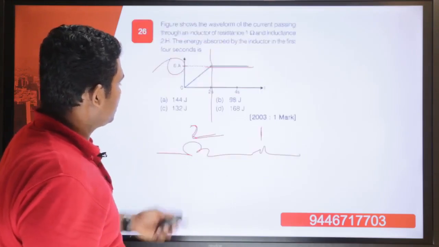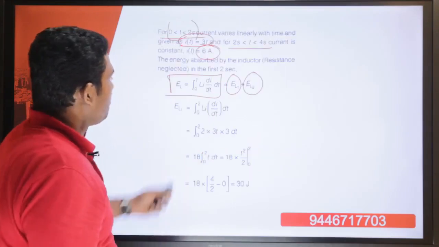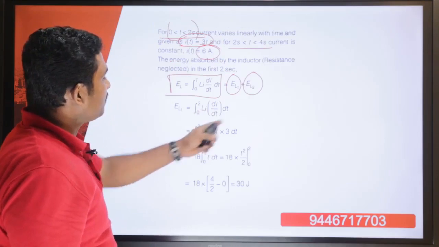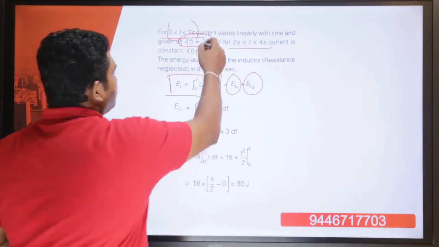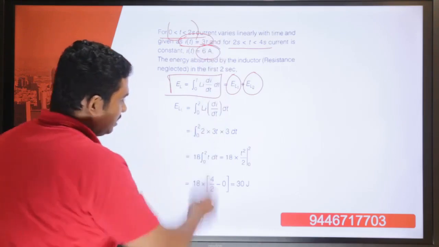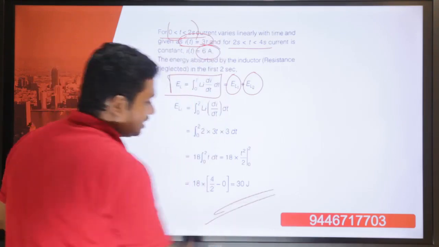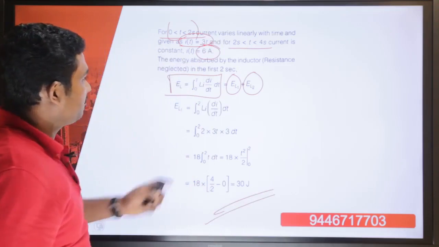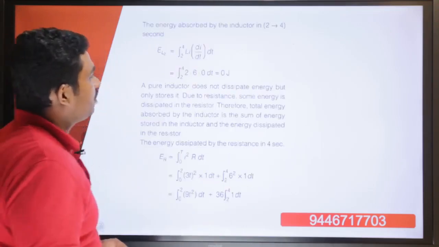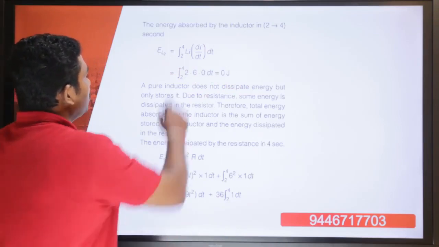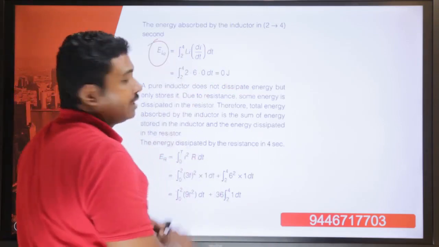What is the value of inductance? Inductance is 2, resistance is 1. So L into d by dt of I, where I of t is equal to 3t. Reducing this expression, you will get 30 joules, so EL1 becomes equal to 30. Now we find EL2.